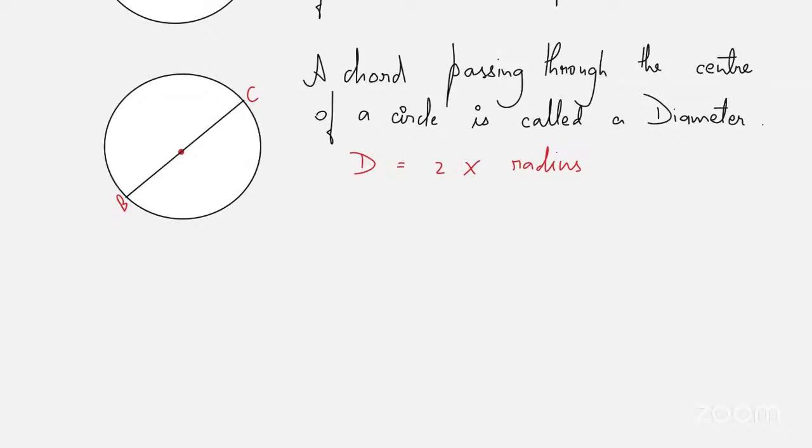Then after diameter, we have something called an arc. Now what is an arc? We'll draw a circle and see.